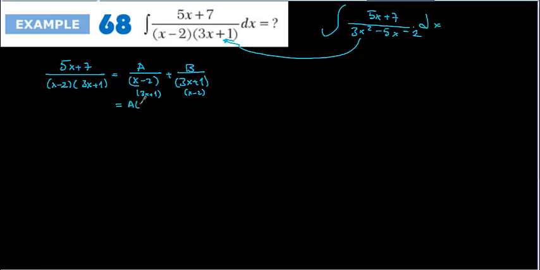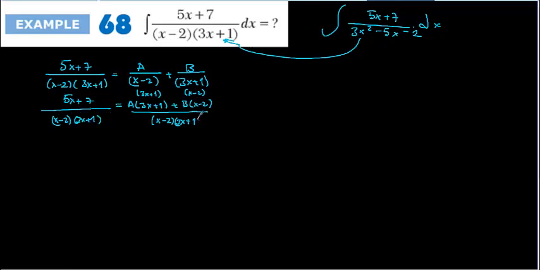So it's going to be a times 3x plus 1 plus b times x minus 2, and the common denominator I can write in one denominator, x minus 2 times 3x plus 1, and this is equal to 5x plus 7 over x minus 2 times 3x plus 1.